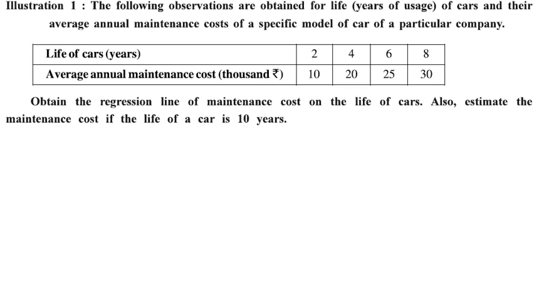First we find the average of both X and Y. Right now, it is maintenance cost on life of car, that is Y on X. So we will take the maintenance cost as Y and life of cars as X. Usually we take the first value as X and the second as Y naturally. So right now we usually find the X bar and the Y bar first.